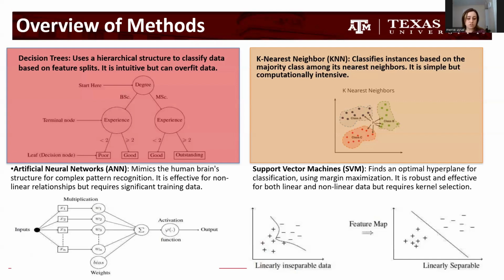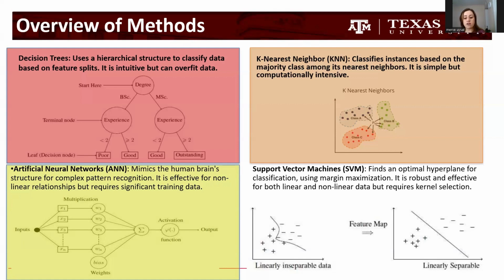Another one, artificial neural networks, ANN, is inspired by the structure of the human brain, consisting of layers of interconnected neurons. These networks are especially powerful when it comes to recognizing complex patterns and relationships in data, particularly for nonlinear problems. ANNs can learn these patterns by adjusting weights through a process known as backpropagation during the training phase.